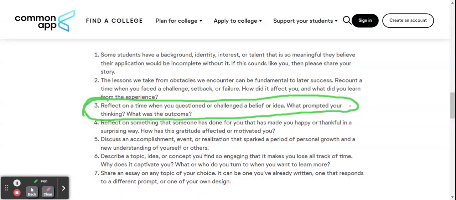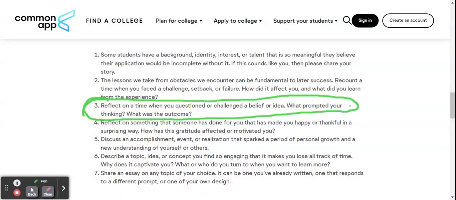And I want you to focus more on you and your thinking and the outcome in your life, and try not to focus on how it impacted your family or your community or your friends. Because the college admissions reader, and please do not take this the wrong way, is not interested in your family in the sense of your parents, your grandparents.